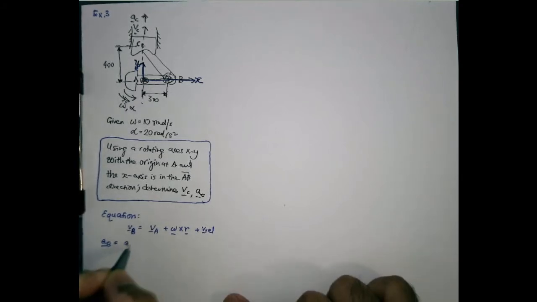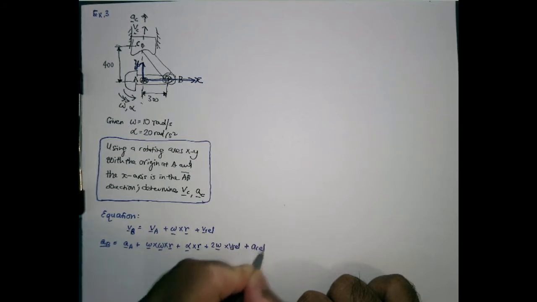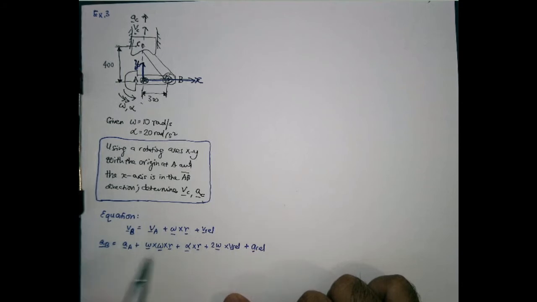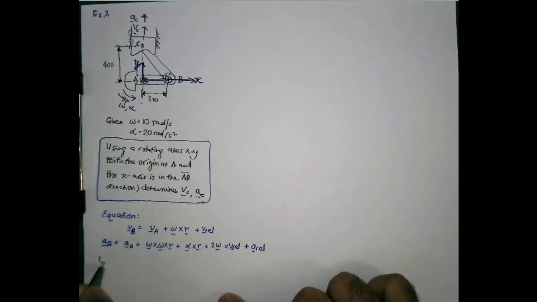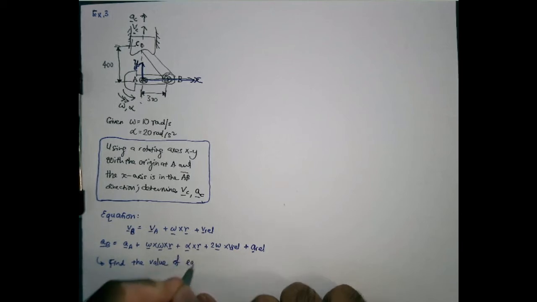AB equals A plus omega cross omega cross R plus alpha cross R plus 2 omega cross V relative plus A relative. There are 5 terms here, 1, 2, 3, 4, 5. So we need to find the value of each term.